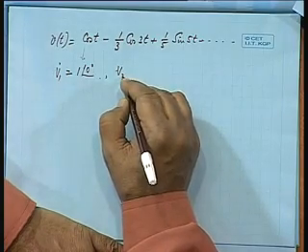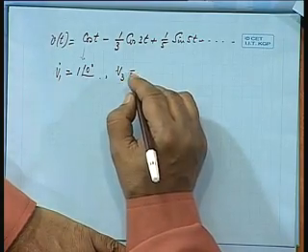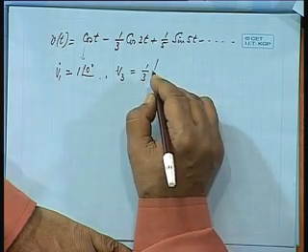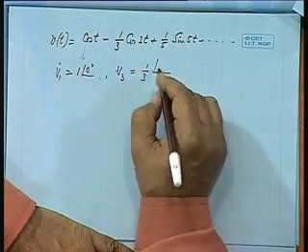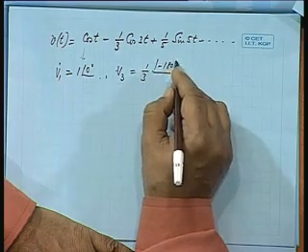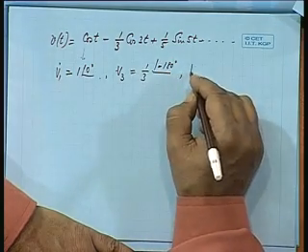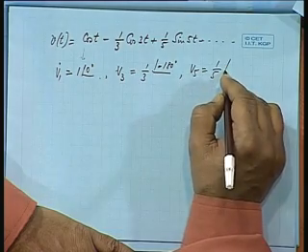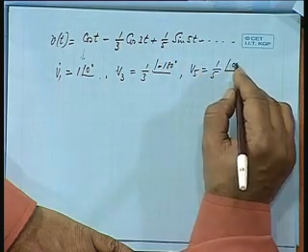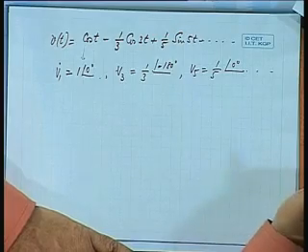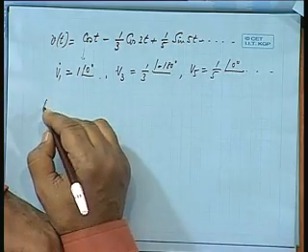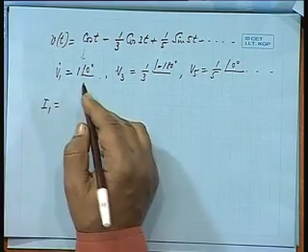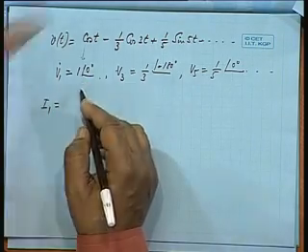We may take RMS value or we may take maximum value, because finally we shall be writing the expression for current. V3 will be 1 by 3 and angle, this is minus, so minus 180 degrees. V5 will be 1 by 5, angle, this is plus, so 0 and so on.